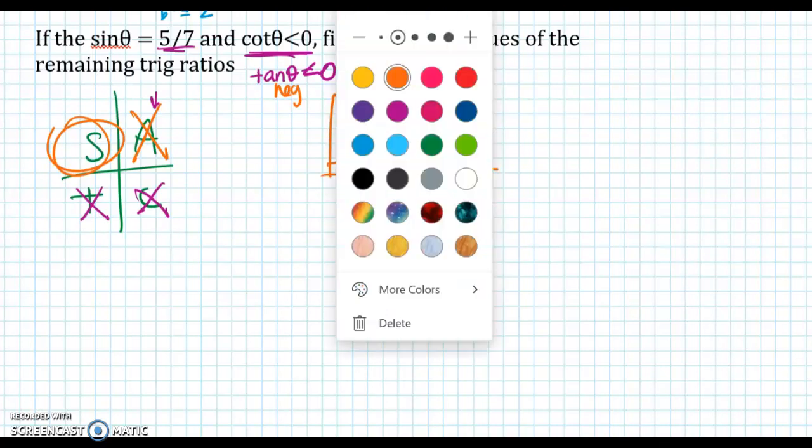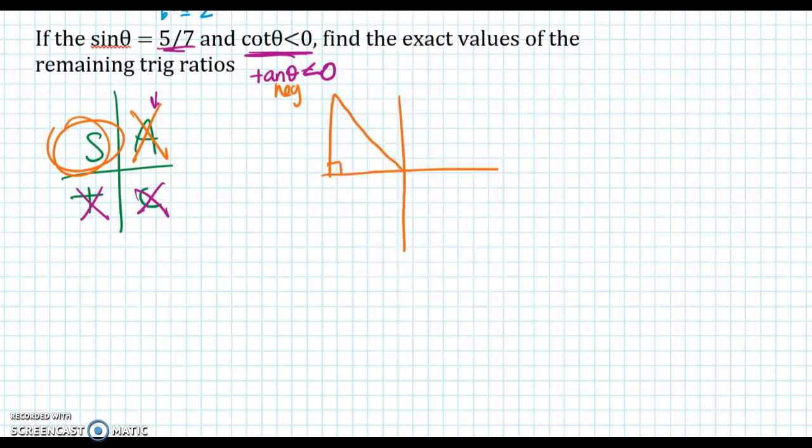And I know that my sine is 5 over 7, so my opposite is 5, and my hypotenuse is 7. And just keeping in mind your quadrants, this is going to be a negative number, whatever it is. So let's do Pythagorean theorem. 5 squared plus b squared equals 7 squared.